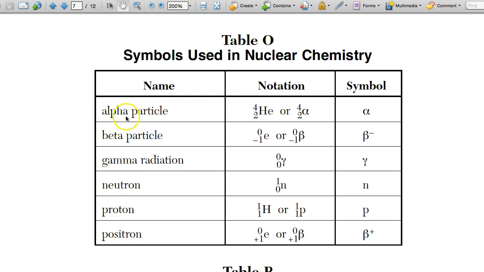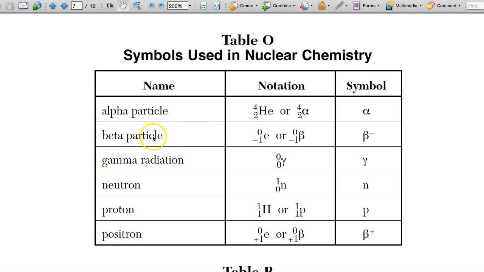If a particle, like an alpha particle, comes from elements that are unstable because they have too many protons, they'll lower their proton number, right? Every element beyond atomic number 83 is radioactive because of that. So this is a really, really heavy particle compared to the others. Therefore it moves slower, and it has less penetrating power, and it has a positive 2.